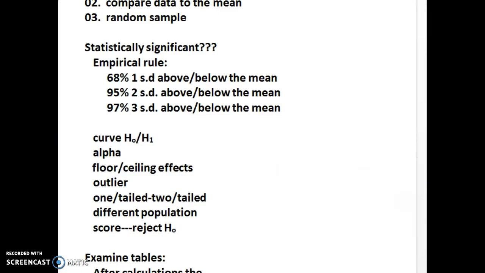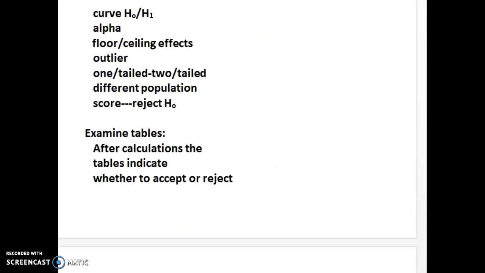Now then, we have a different population. We talked about a different population. We also have tables. This is something that comes in. We have tables in the back of our book. You can also Google tables, and this is one thing that we are going to have in the remainder of the work that we do and the calculations that we make. We are going to have tables that we look at to see whether or not we should reject what we are doing.